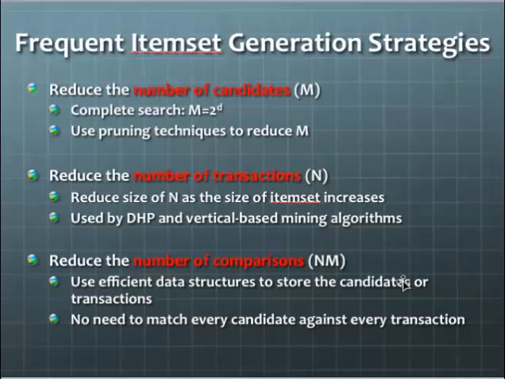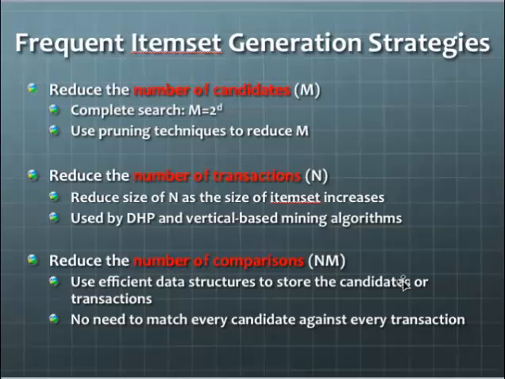Another way to improve the frequent item set generation strategy is to reduce the number of transactions, which could reduce the number of transactions as the size of the item set increases. This method requires some other more advanced knowledge, so we're just going to mention it here.